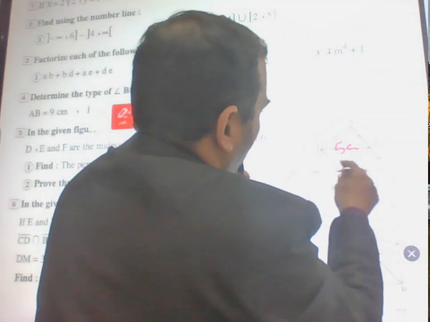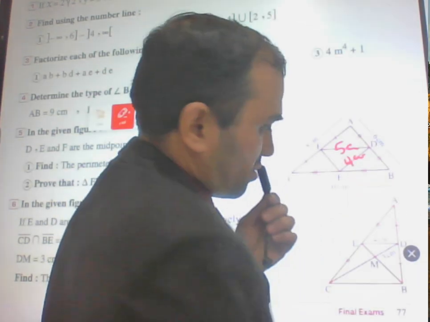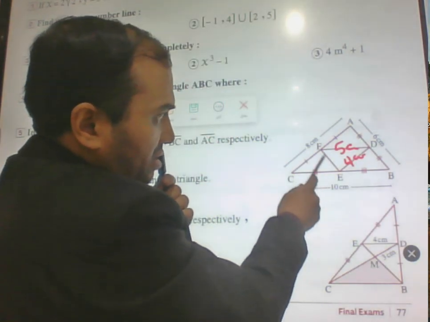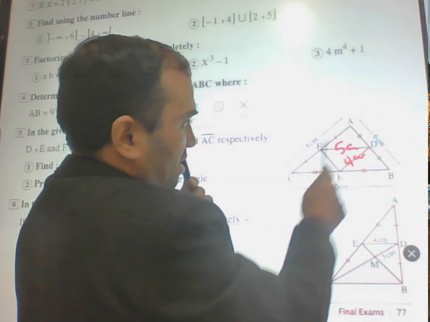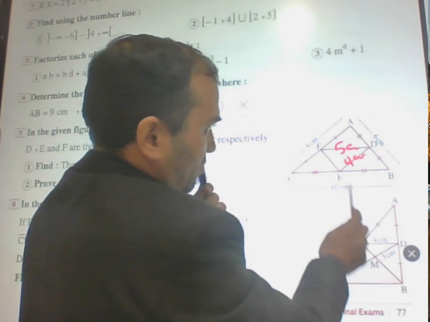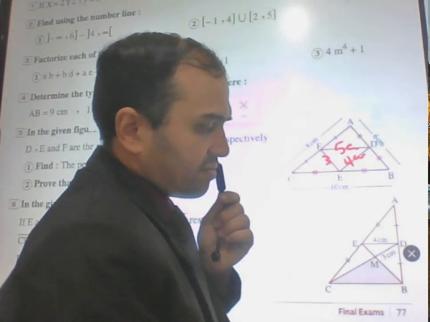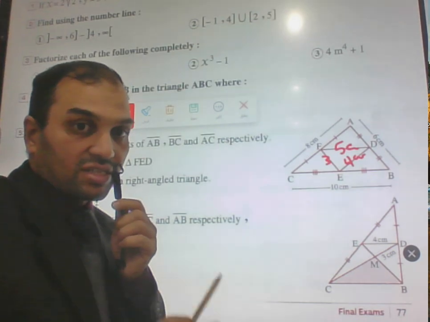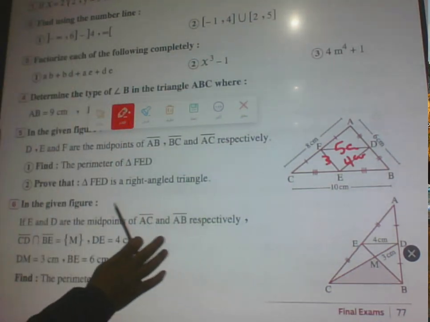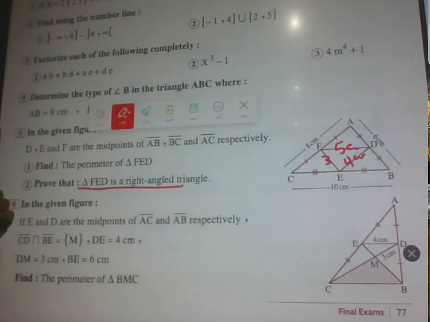Then DE is half of 8, it will be 4 centimeters. And also EF is a mid segment lying between the midpoints of AC and CB. Then FE is half of 6, equals 3 centimeters. We can write the proof with the steps. Okay, and now he wants to prove that it is a right angle triangle.